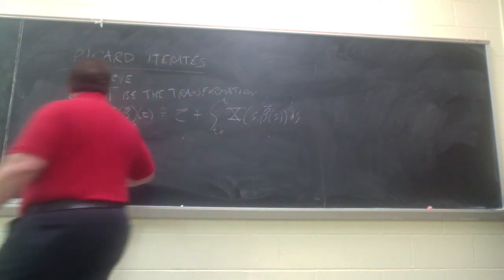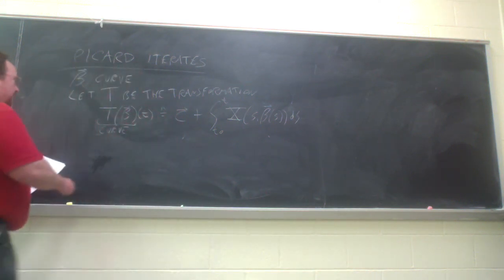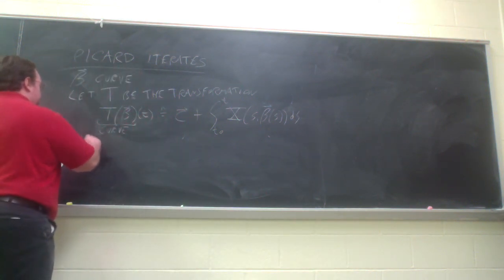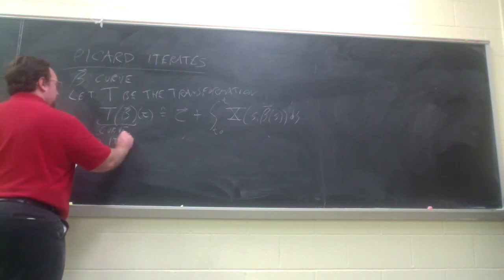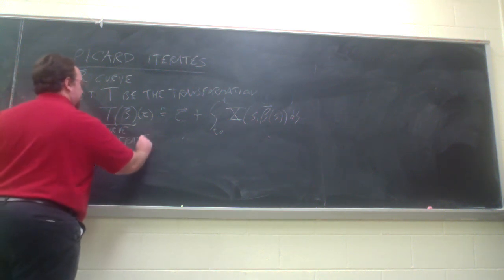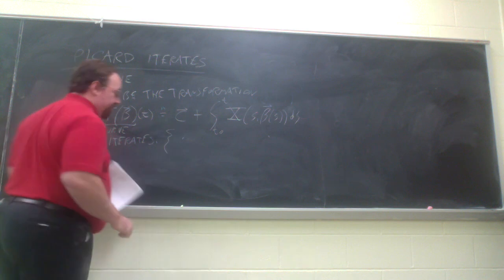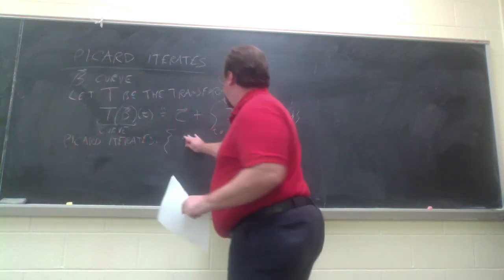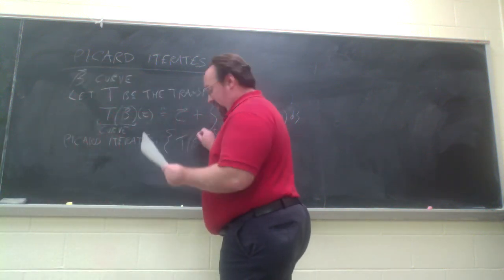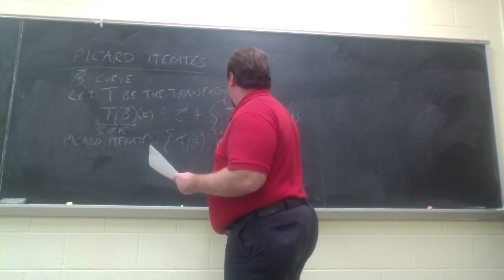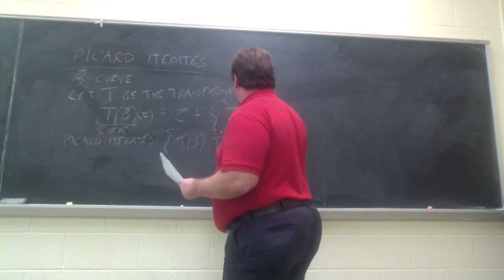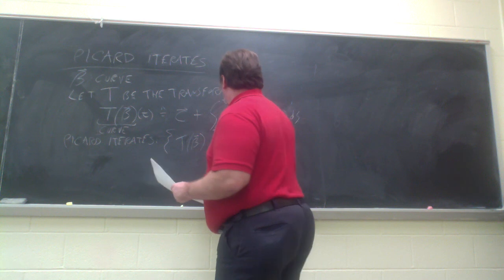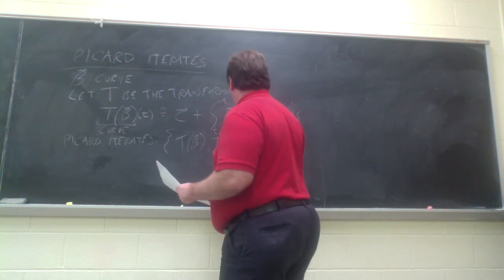So the Picard iterates are just a set of curves defined by t of beta, t of t of beta, which is the same as t squared beta.